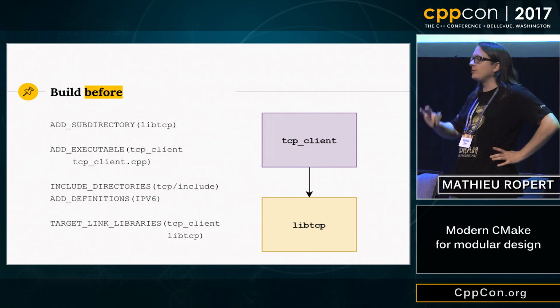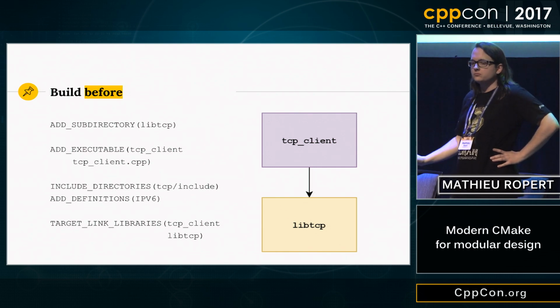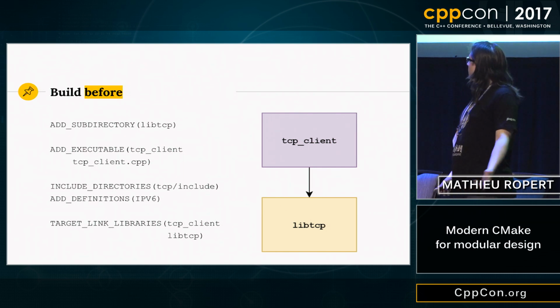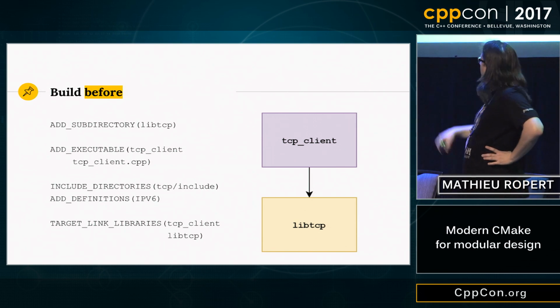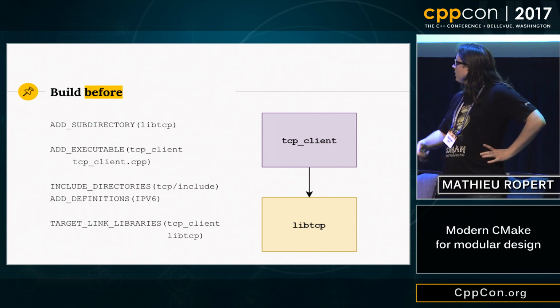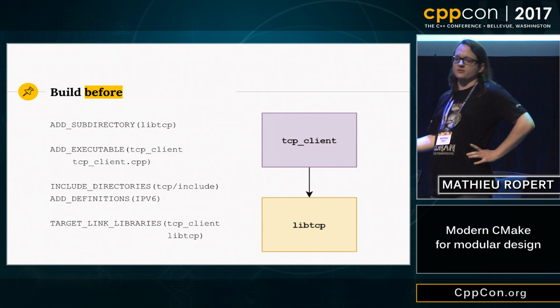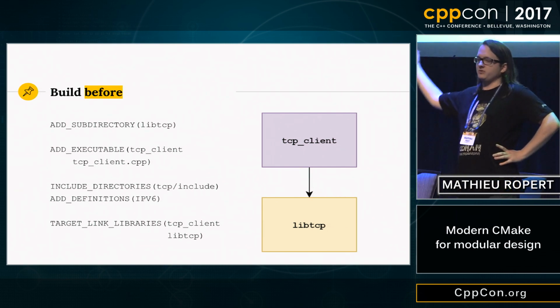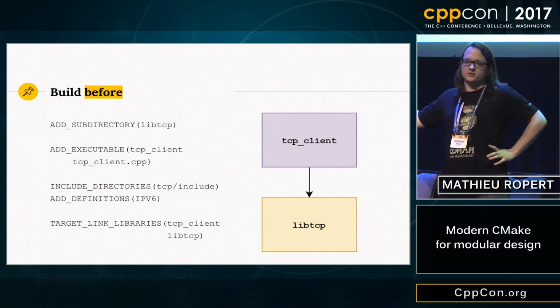Does this sound like something you might have seen or even written? Seems okay. Well, first thing, I have a subdirectory, which is my library. I declare an executable. I add the necessary include directory, possibly some flags if I need IPv6 in that case. And then I tell CMake that my binary depends on the library.